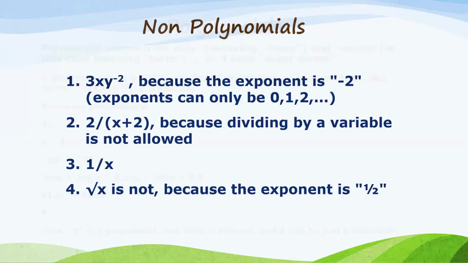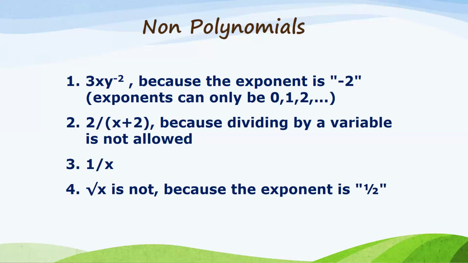Let's discuss some examples of non-polynomials, but we will discuss, inshallah, rationals and irrationals in the next session. Students, here we can see that in our first example, the power of y is -2, right?